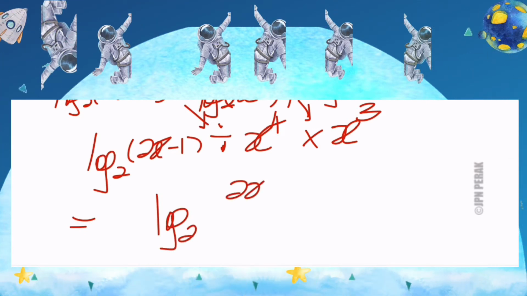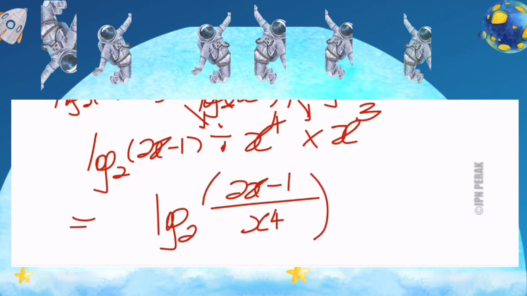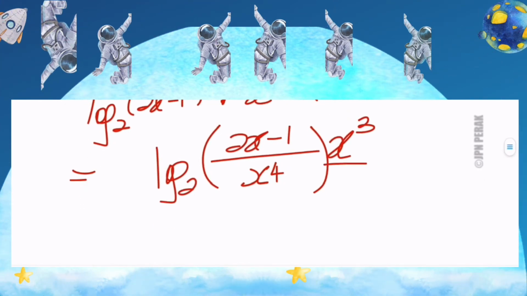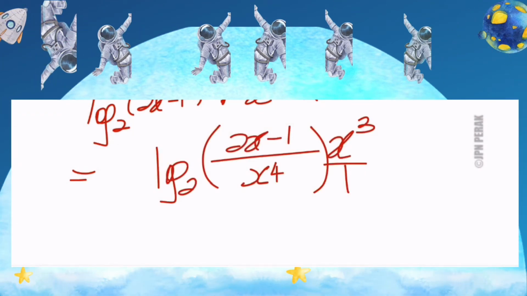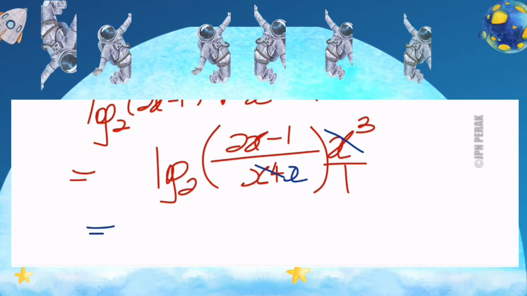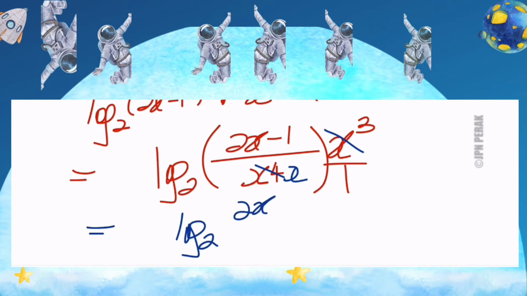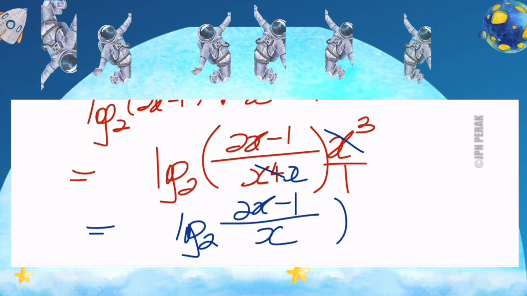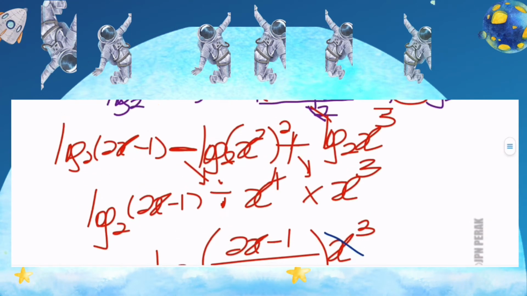Finally, we can join them: 2x minus 1 divided by x to the power 4 times x to the power 3, and it can be simplified further, log base 2 of (2x minus 1) over x, because x to the power 4 is x to the power 3 times x, so we cancel out the x to the power 3. The answer looks much simpler like this: 2x minus 1 over x.